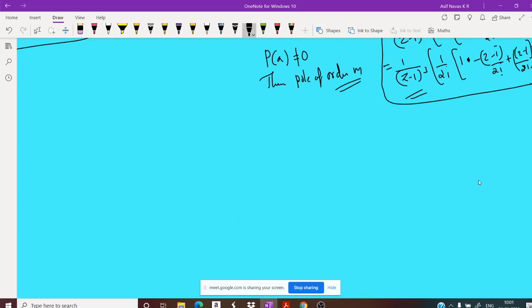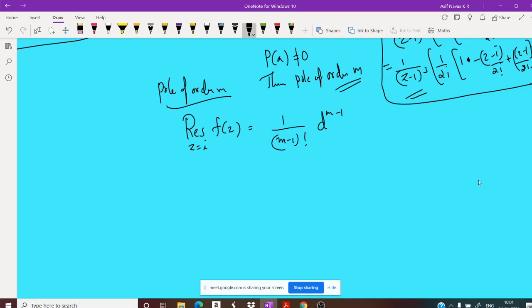Now how to find out the residue? Residue of f of z at z equal to i. We know that there is a formula.